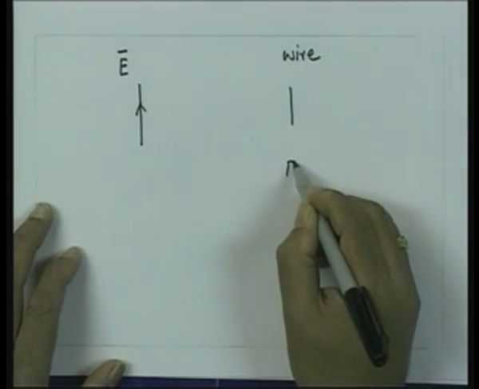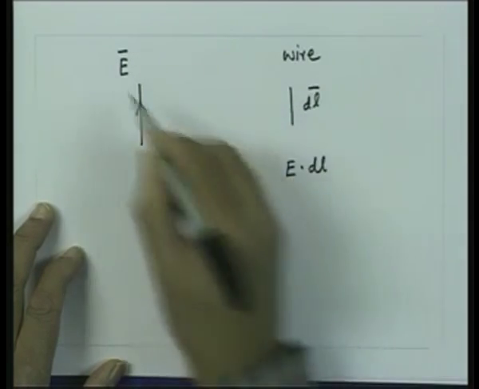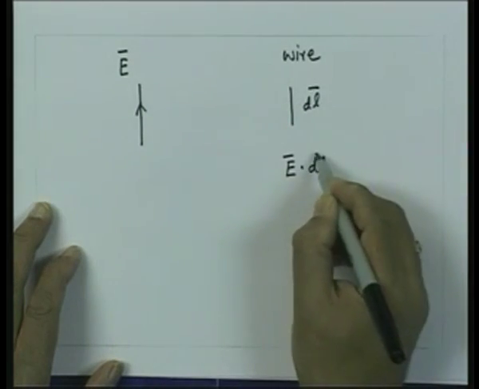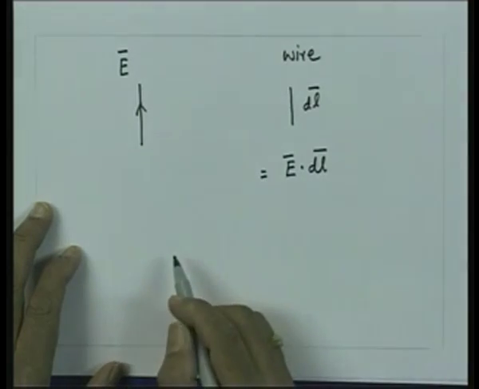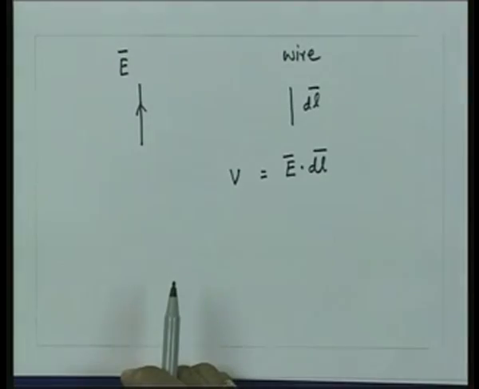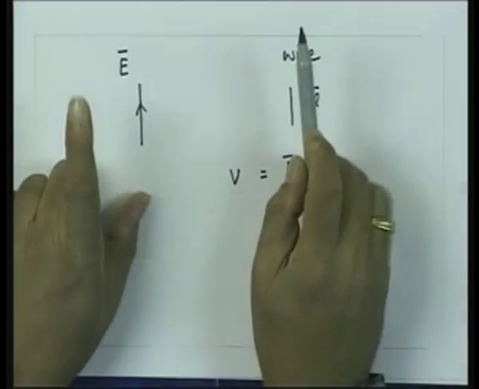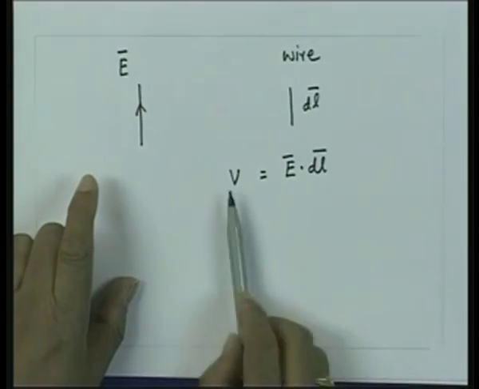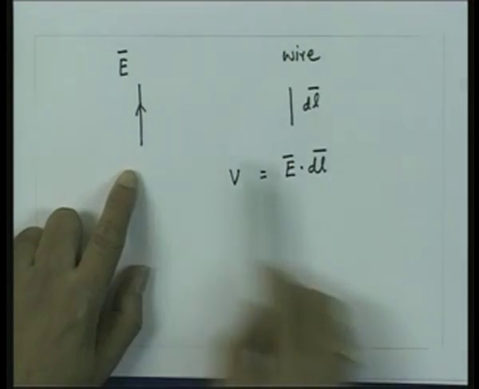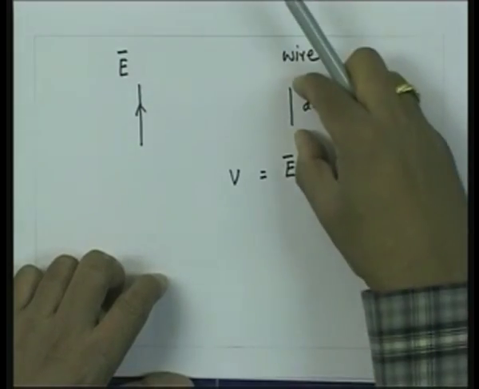Here the length is dl, and this vector is E. So, this quantity will give me the voltage induced in this wire. And if E and dl are parallel, both are vertical, then I will have simply the magnitude of E multiplied by the length of this line, and that will be the voltage induced in this wire.